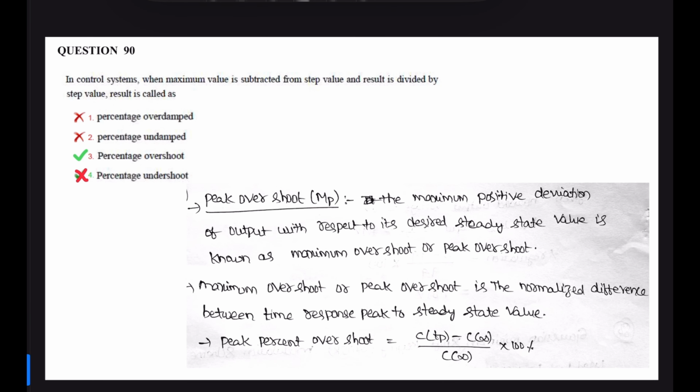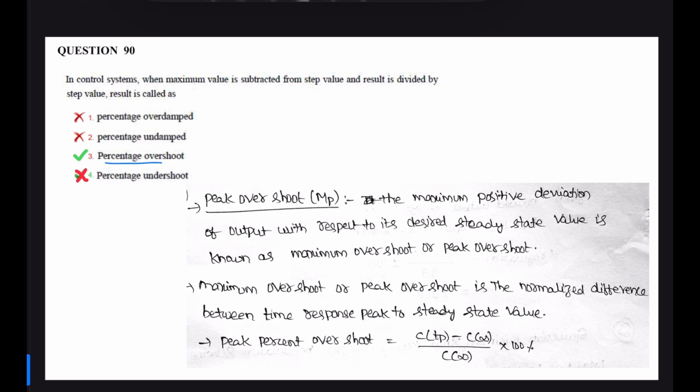Question number 90. In control system, when maximum value is subtracted from step value and the result is divided by the step value, the result is called as percentage overshoot. Peak overshoot is maximum positive deviation of output with respect to its desired steady state value, known as maximum peak overshoot or peak overshoot.